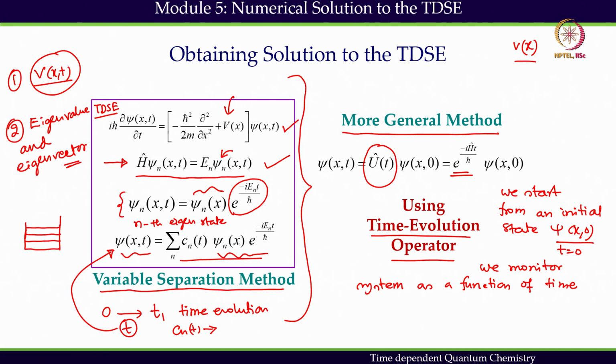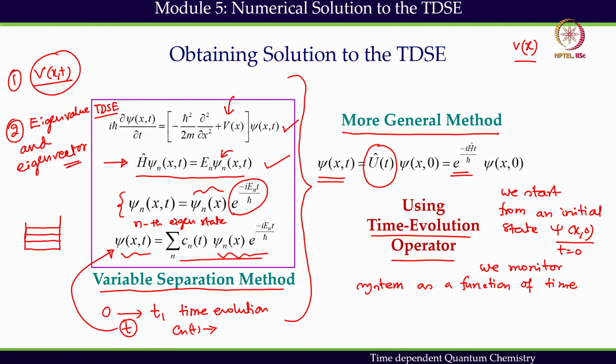And in this module we will find out the properties of this time evolution operator, and how numerically one can implement this idea, so that using Python programming one can find out how the wave function is evolving at different times. Once we know the wave function at a particular time, we will be able to find its average position and many experimental observables.